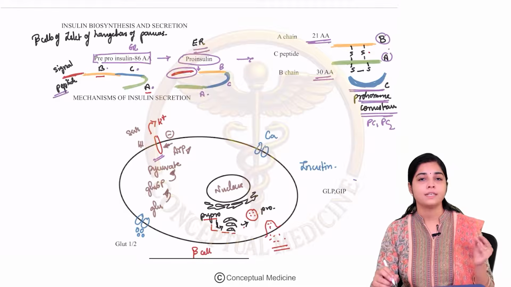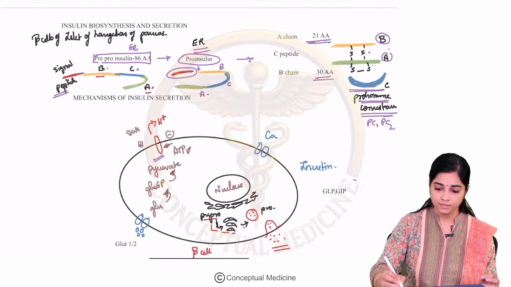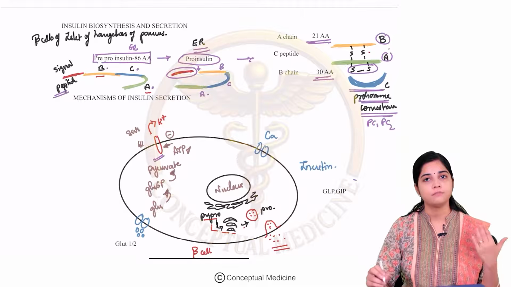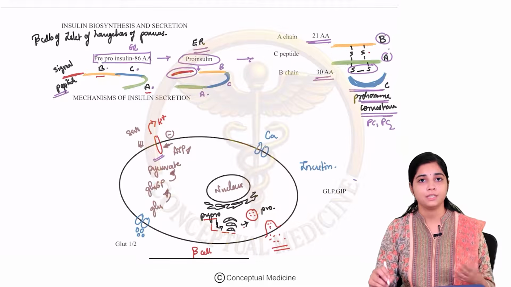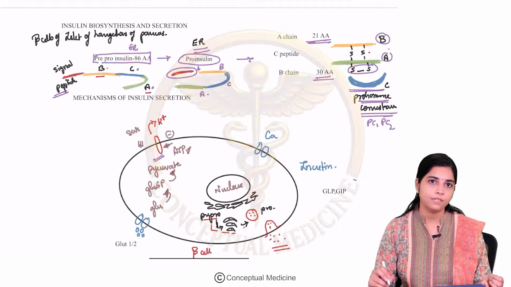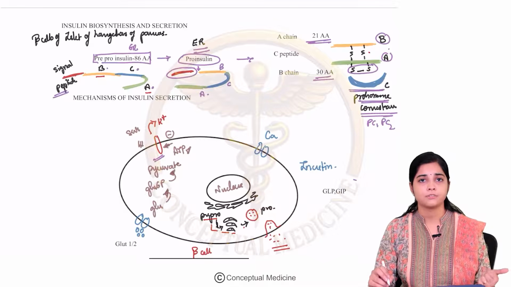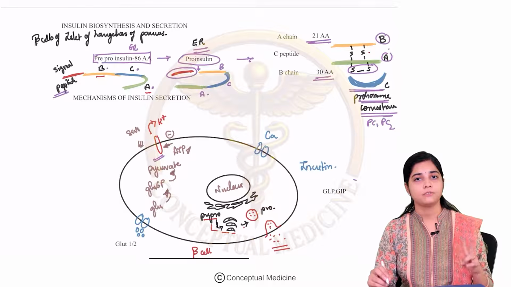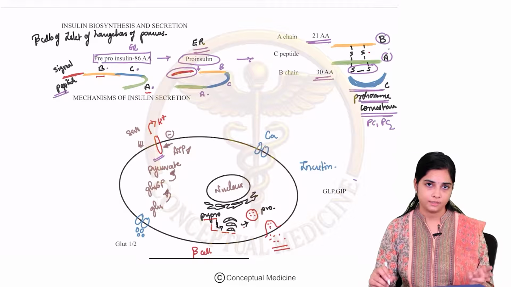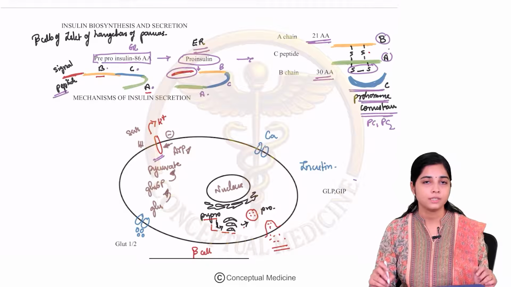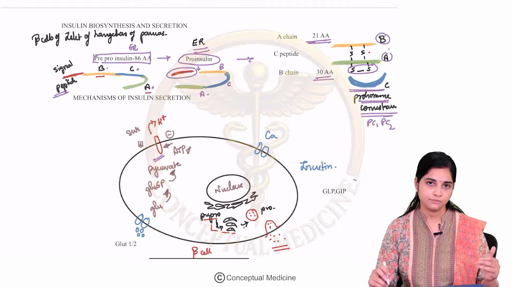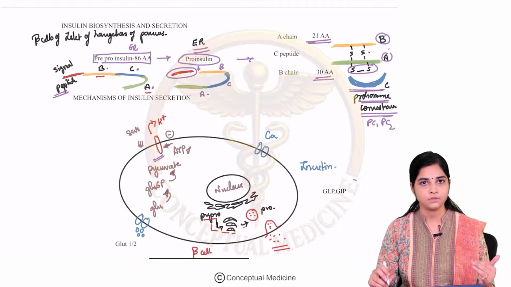You also have an intra-chain disulfide bond, which is present within the A chain. So the final structure of insulin comprises two chains, A and B chain, connected by disulfide bonds. This is how your insulin is synthesized: pre-proinsulin converted into proinsulin, which is converted into insulin.